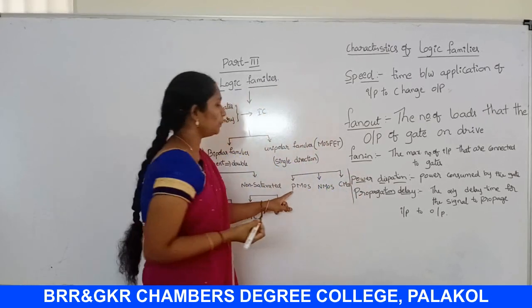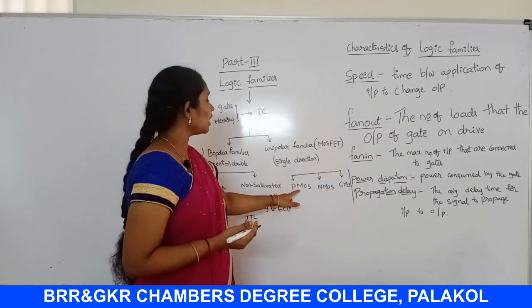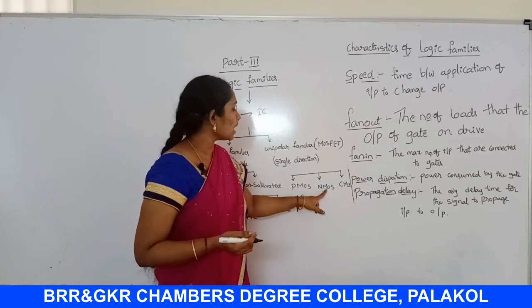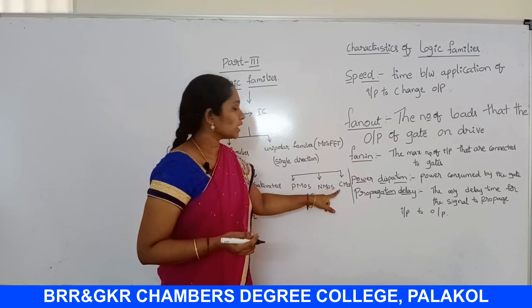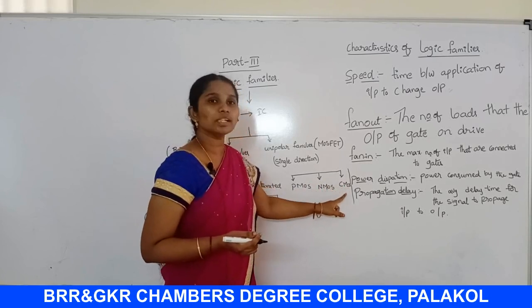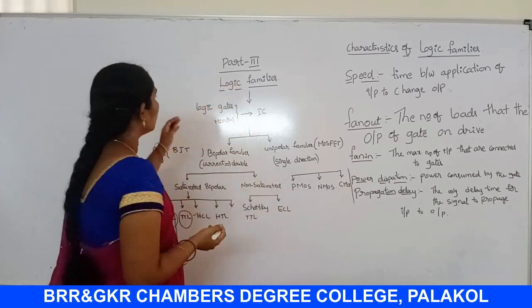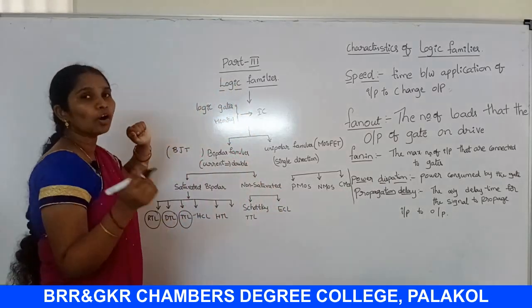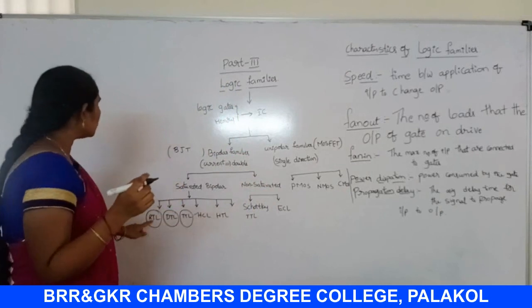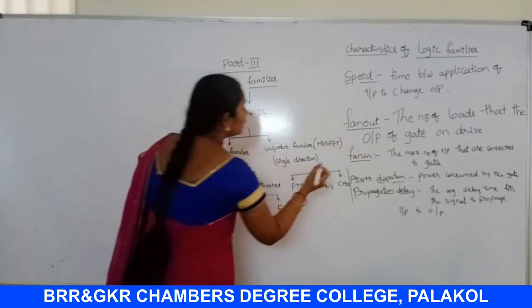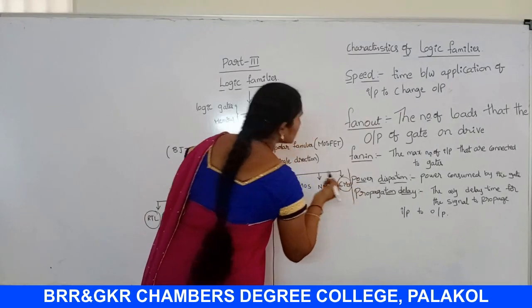Okay, so PMOS is nothing but P channel metal oxide semiconductor, and NMOS is nothing but N channel metal oxide semiconductor, and CMOS is nothing but complementary metal oxide semiconductor. Regarding your syllabus, they asked RTL, TTL and DTL, and another one is CMOS.